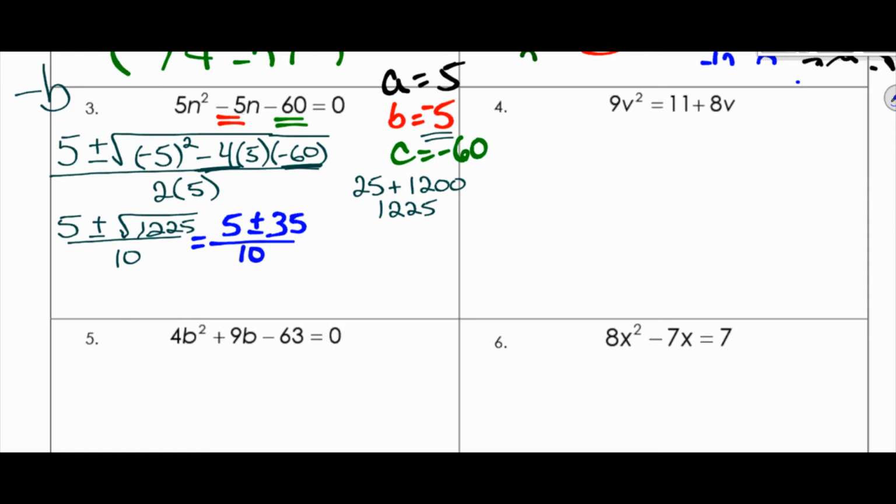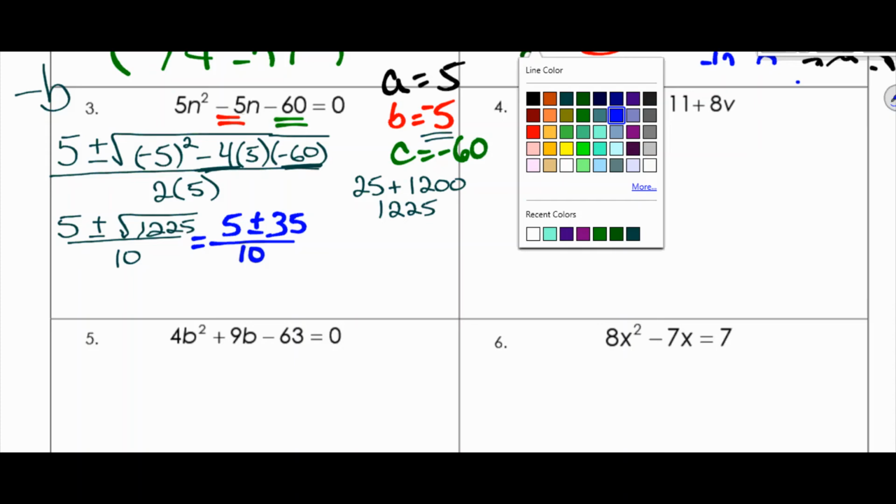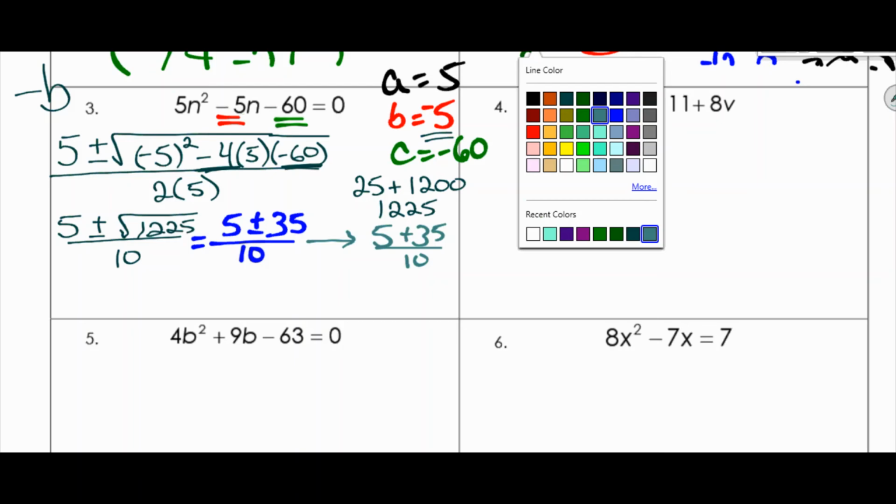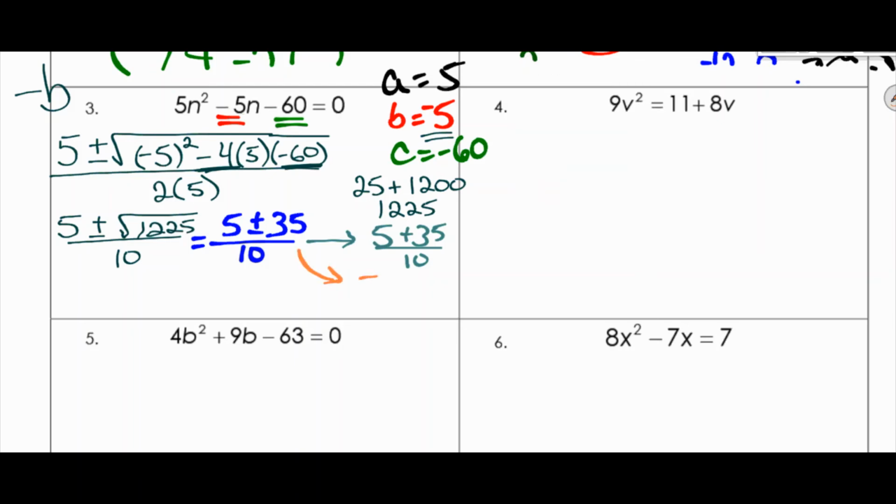Now I'm going to split this into my 2 problems. Let's use that for the plus sign, and let's go with orange for the minus sign. It splits into 2 problems because that's what that plus minus symbol really means, that I'm actually going to do both of those.